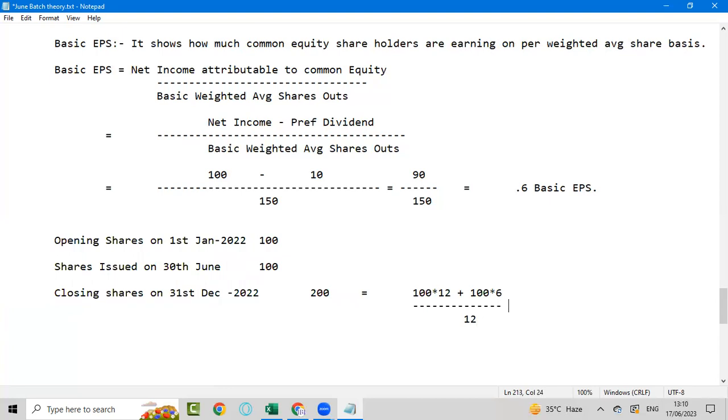This will give me 150 basic weighted average shares. On an average throughout the year, how many shares were outstanding? That was 150. So this 150 will be taken here, and then net income will be divided, and we will get our earning per share. Noted.